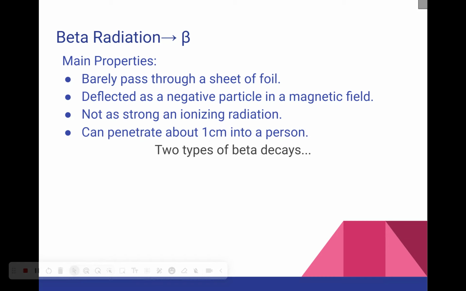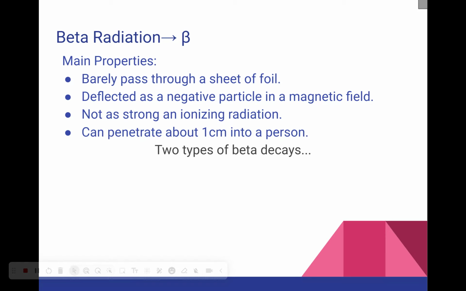The issue, though, is I don't have to ingest the source of a beta radiation emitter to be able to get the beta radiation, because the beta particles will penetrate about 1 centimeter into my body, which means they're right there with living tissue, living cells. So that is a significant risk we have to realize we have to guard ourselves against when we're dealing with beta radiation. And maybe use some form of barrier that is metal to be able to prevent it from reaching us.